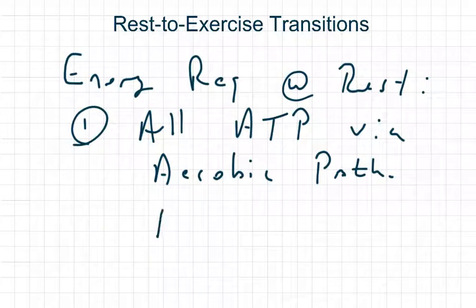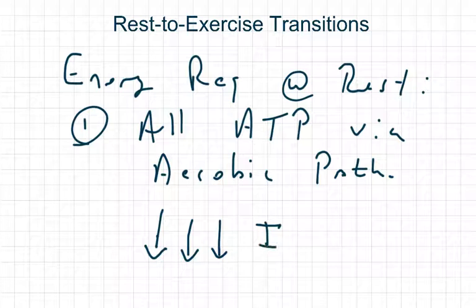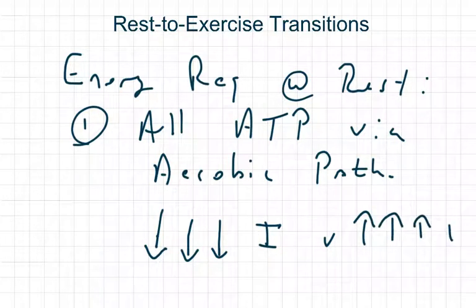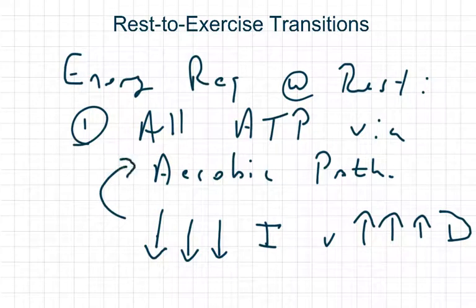At rest, the intensity is very, very low. And so this means the body can go for long periods of time. And so this means the duration is very, very long. And because of this, this is why we can say that all ATP is being produced via the aerobic pathways.